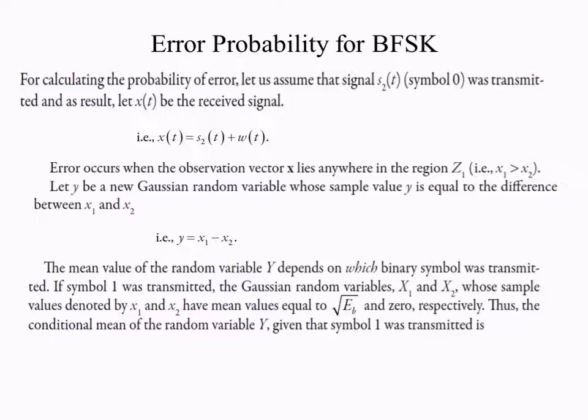Now we are assuming that error occurs when the observation vector x lies anywhere in the region Z1.